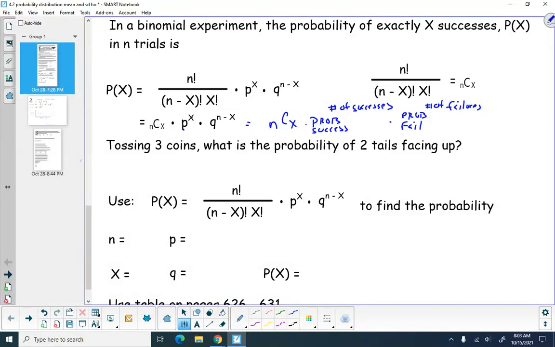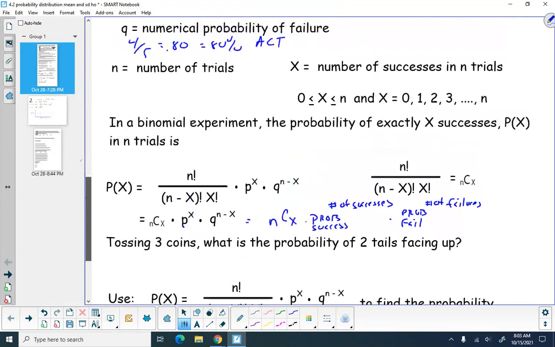Let's go back to the last ACT question. What would be the probability of guessing 3 correct out of that 10? How many questions did we have?